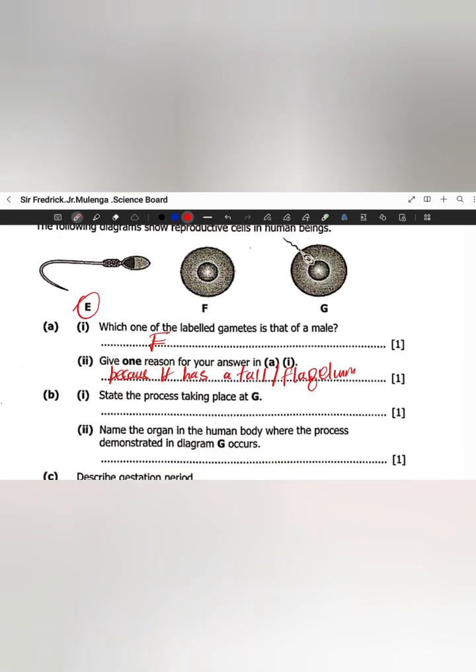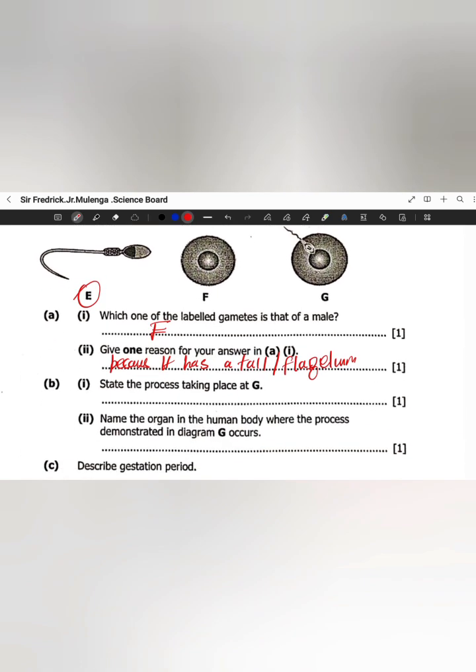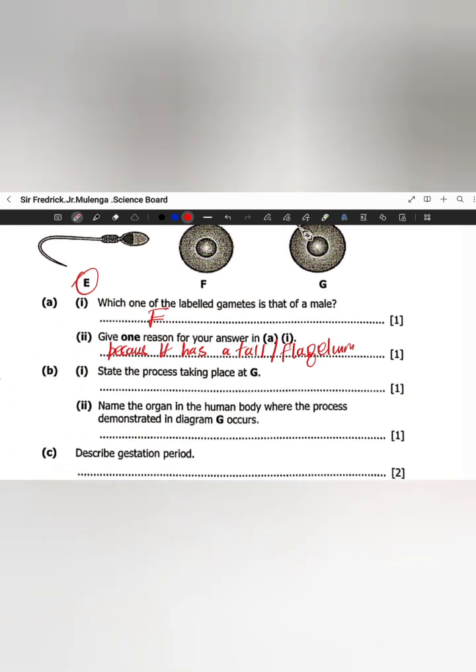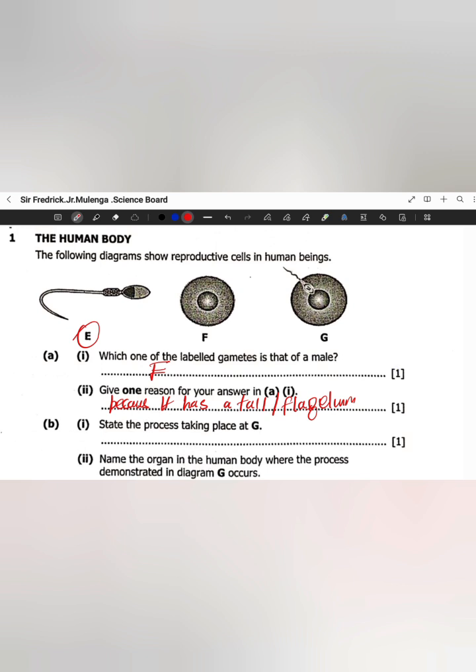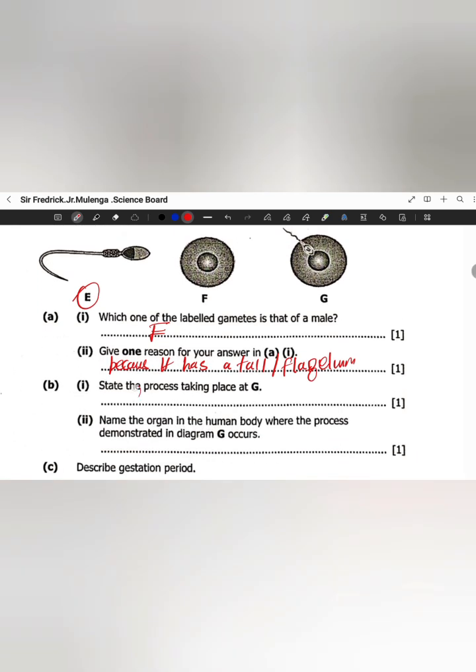The other physical feature you could pick is the sharp head. That can also be accepted. State the process taking place at G. We reviewed this in the diagrams I was explaining during fertilization. So the process taking place there is fertilization. Just like that.